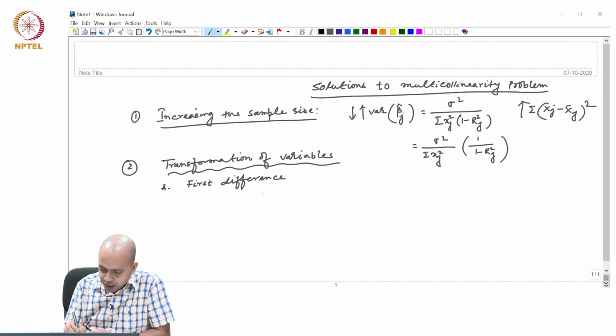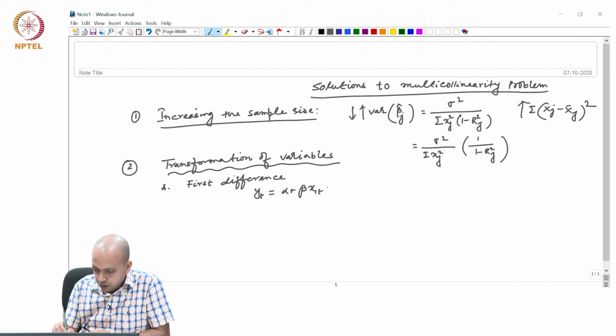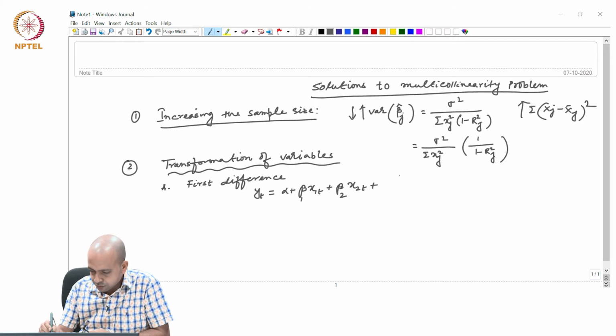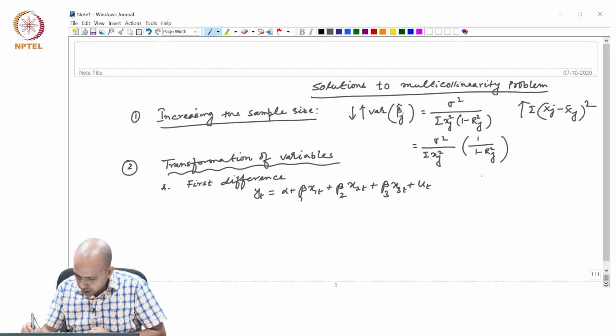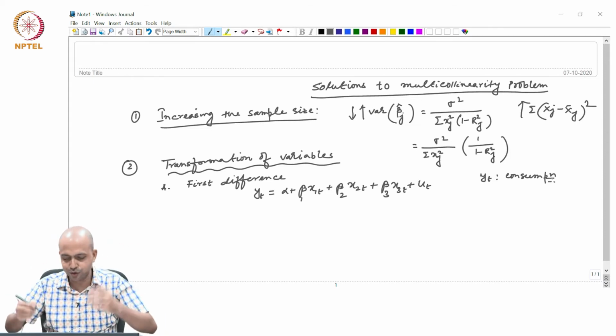Let us say that your model is yt, you have time series data, equals alpha plus beta 1 x 1 t plus beta 2 x 2 t plus beta 3 x 3 t plus ut, where let us say yt is your consumption expenditure at the macro level.